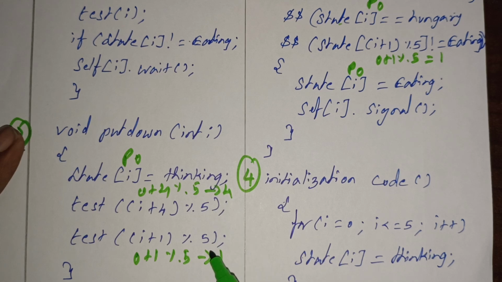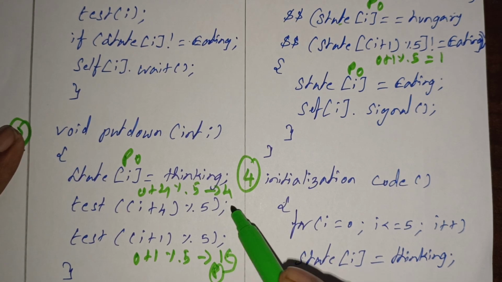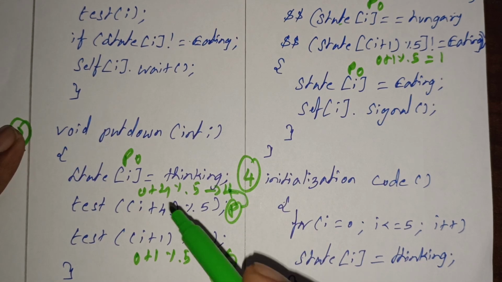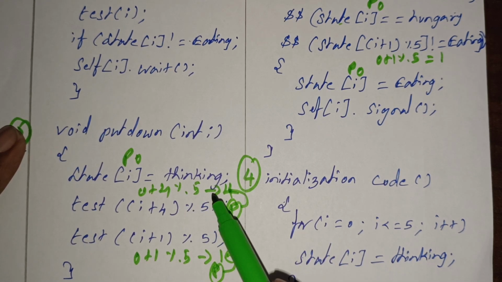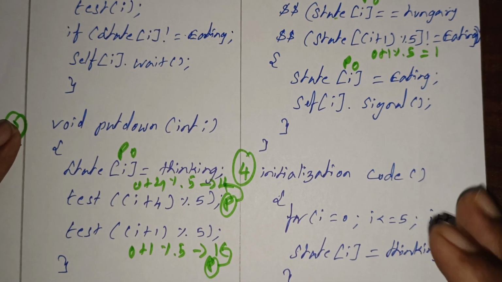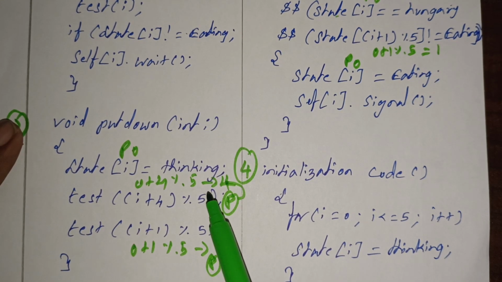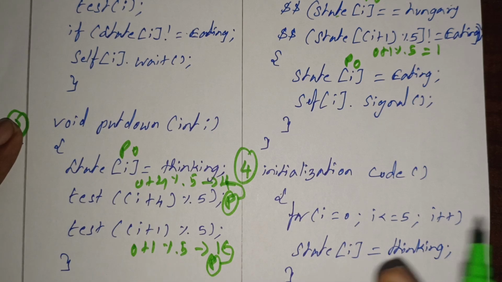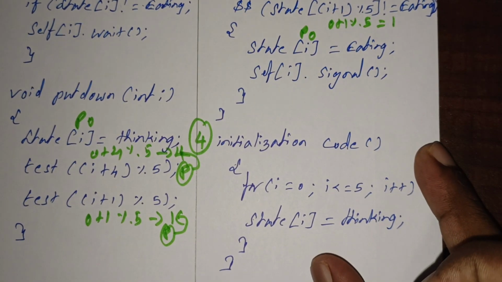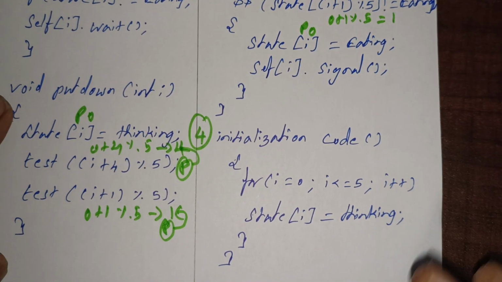So philosopher number 1 and philosopher number 4 will be notified. So these two chopsticks adjacent to this philosopher, you can check that these philosophers are able to take the chopstick now because P0 has put down the chopstick. So this is how this thinking process happens.